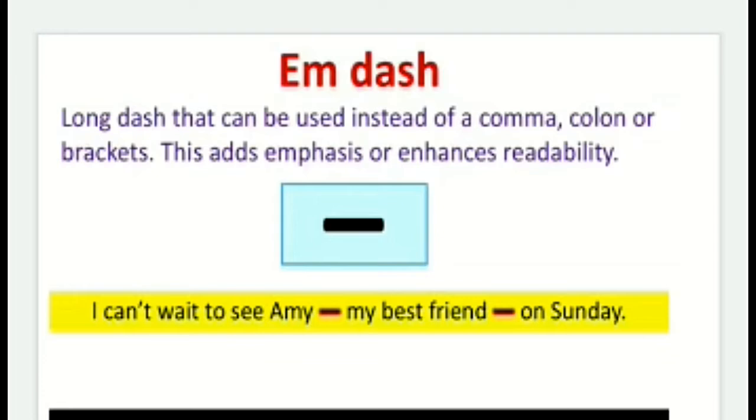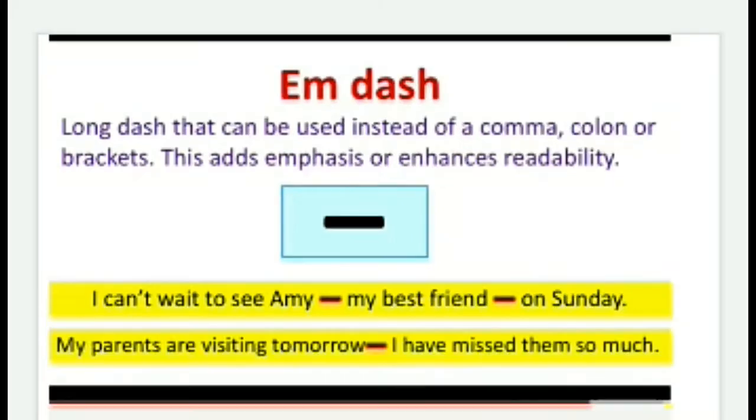So the em dash is used instead of a comma, colon, or brackets. Another example, "My parents are visiting tomorrow—I have missed them so much."